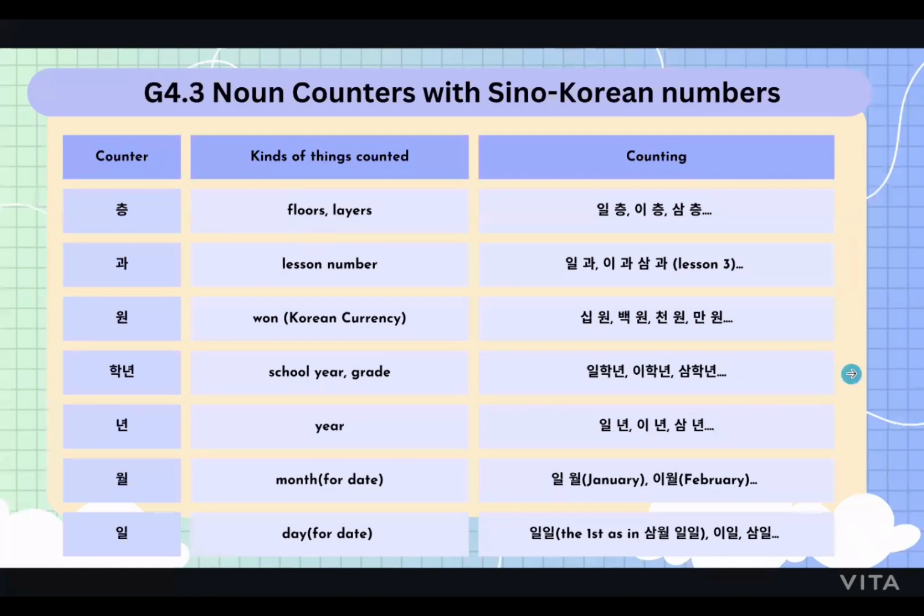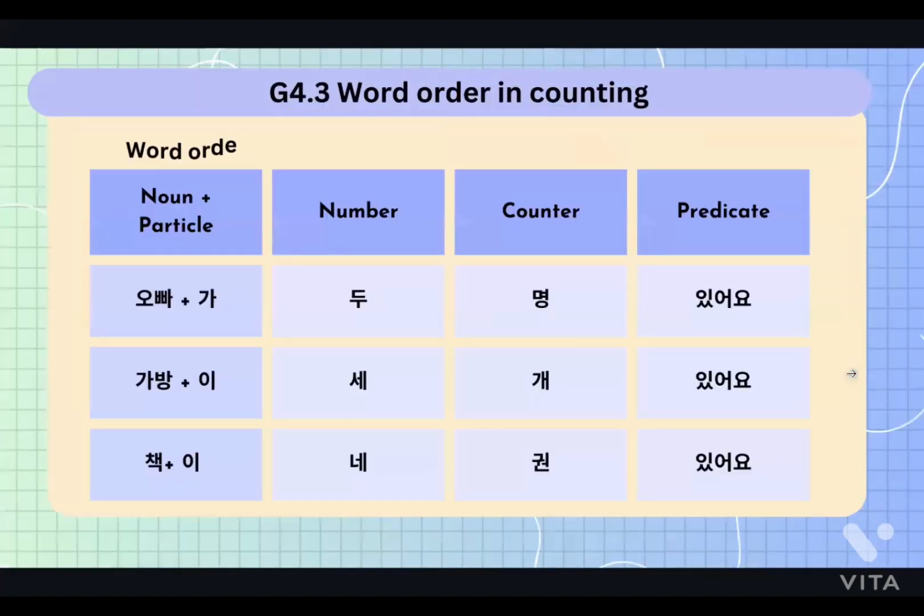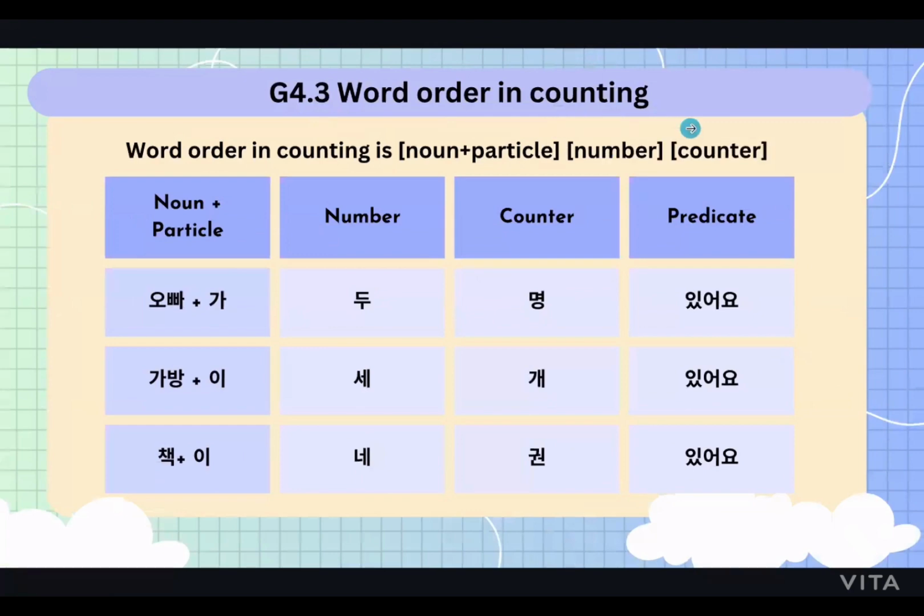Okay, so today, word order in counting. Before we end, let's do a quick practice. The order in counting is noun, particle, number, counter. So how can we use the counters which we just learned? For example, noun particle, 오빠가 2명 있어요.